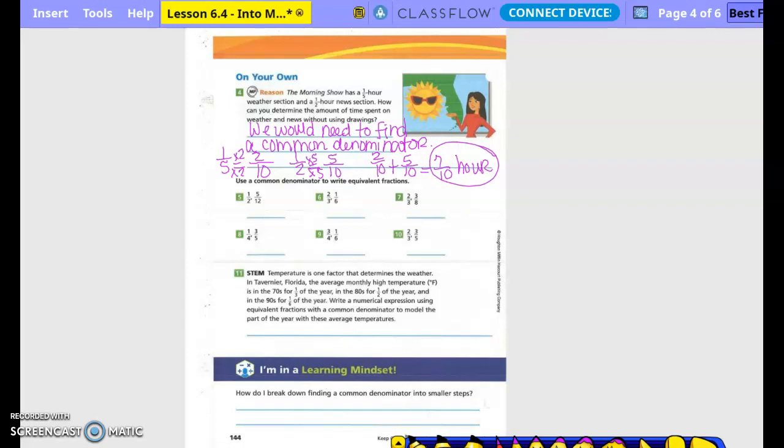Okay, so it says use a common denominator to write equivalent fractions. So basically, what would be our common denominator between 2 and 12? 12, right? So we don't have to change this one, right? Okay, so 1/2 equals something over 12. How did I get from 2 to 12? Times 6.